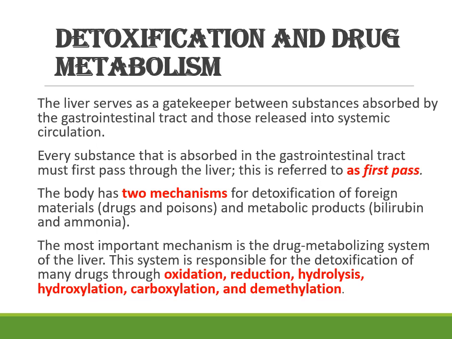The body has two mechanisms for detoxification of foreign materials, which include your drugs and poisons, and metabolic products, which include your bilirubin and ammonia. Every substance that is absorbed in the gastrointestinal tract must first pass through the liver, and this is referred to as the first pass.